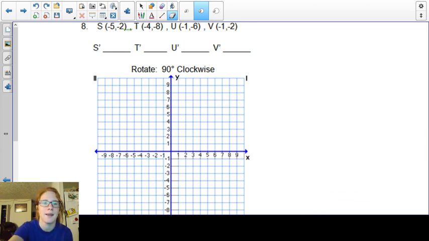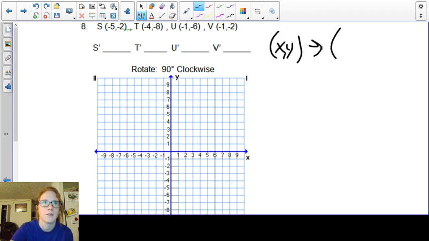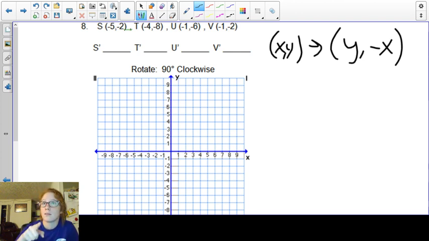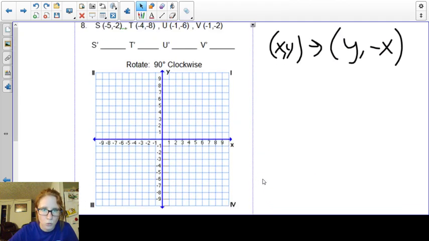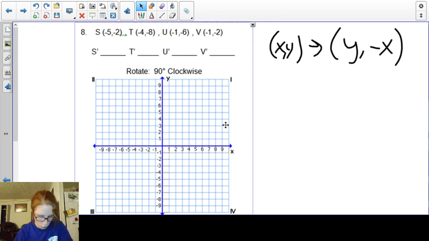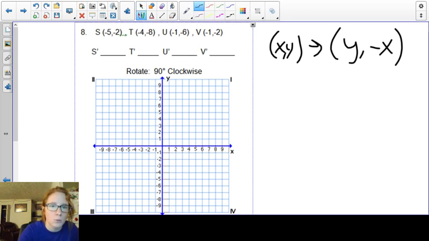Alright, so let's go ahead and write that rule. That's where my x and y flip spots and my x becomes the opposite sign. So let's graph it first. I'm going to make this a little bit smaller so I can see everything. We have S at -5, -2. We have T at -4, -8.